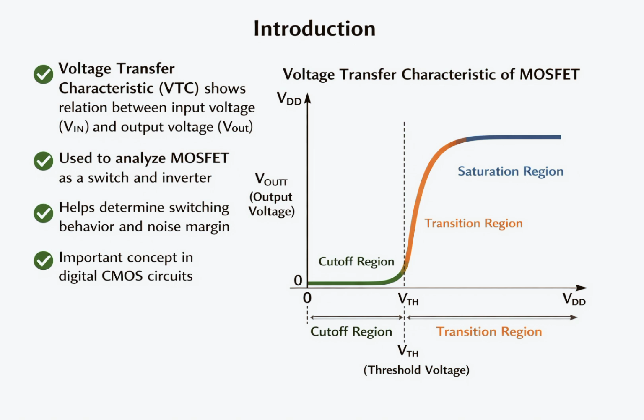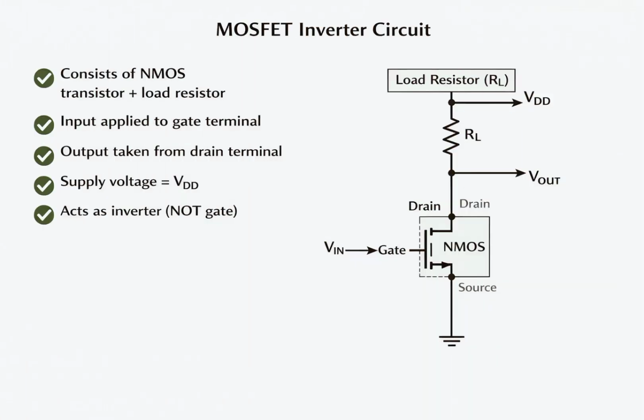By analyzing this relationship, we can study MOSFET operation as a switching device and inverter. VTC analysis also helps in determining switching behavior, gain, and noise margin, making it a very important concept in CMOS digital circuit design.